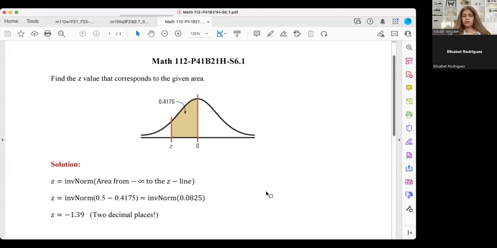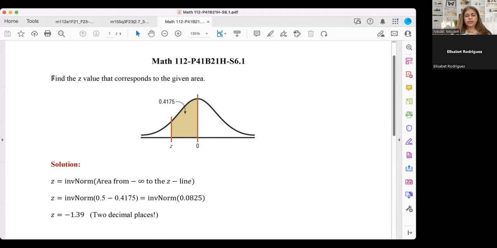Okay, 6.1. I didn't have the opportunity in class to... Do you remember in 6.1, we use normal CDF to find the area under the bell curve? I did some examples of finding the area under the bell curve, but sometimes we give you the area under the curve and ask you to find the Z value.